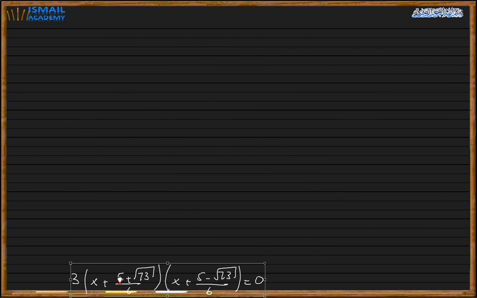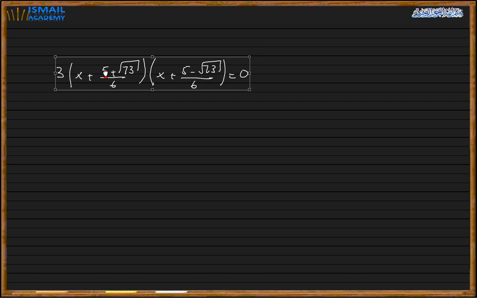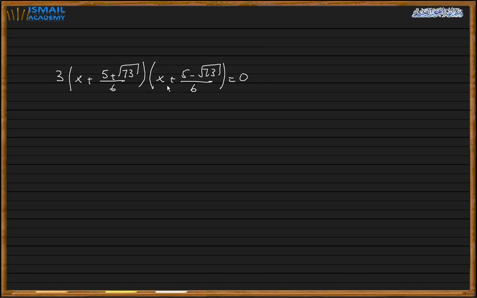Here we go. Still we end up having 0. So this can be 0 or this can be 0. So x + (5 + √73)/6 = 0, or x + (5 - √73)/6 = 0.